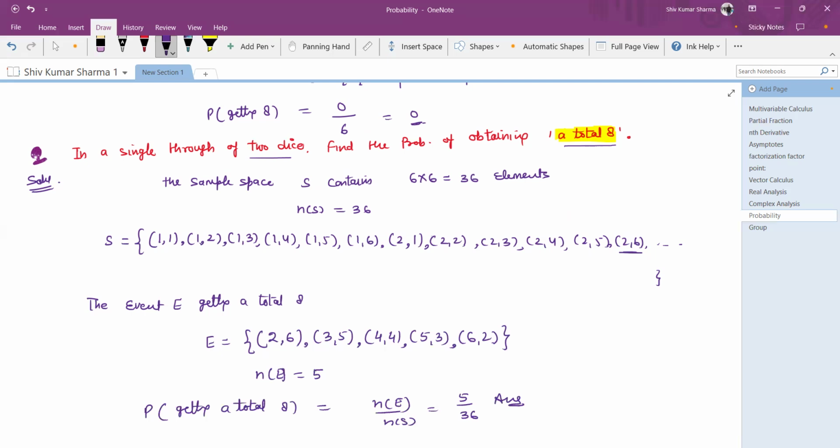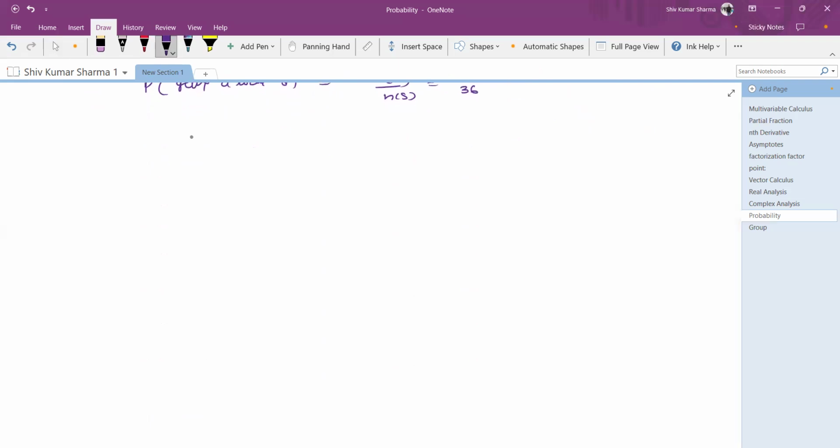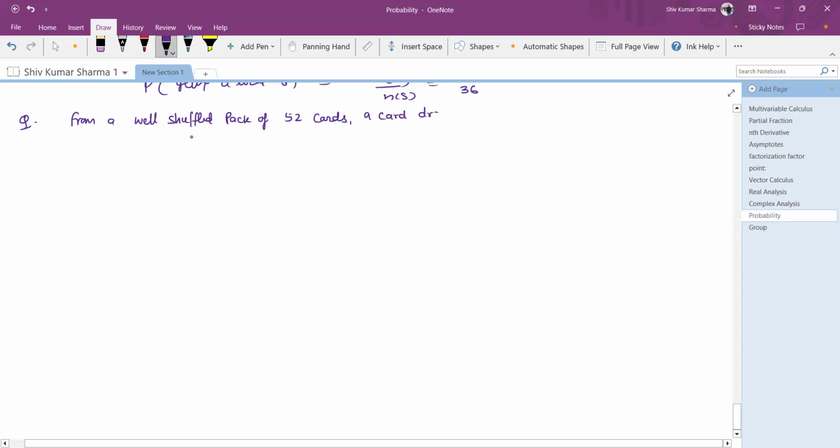Now we move to another question. The next question we will take as: from a well shuffled pack of 52 cards, a card is drawn at random.